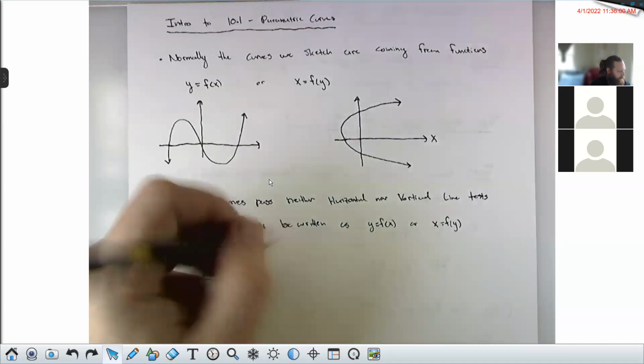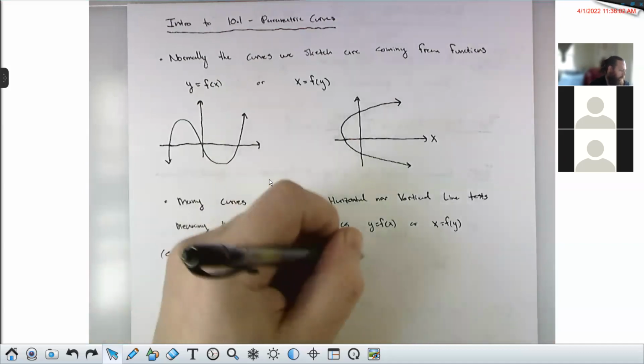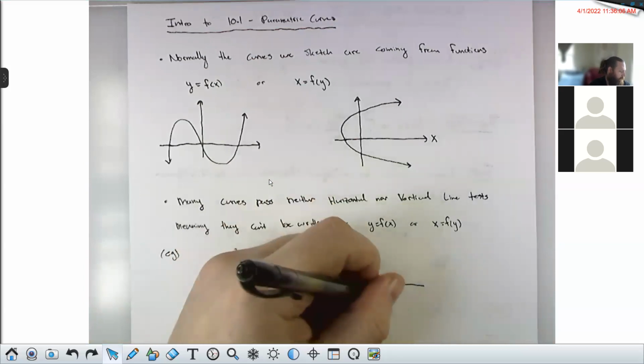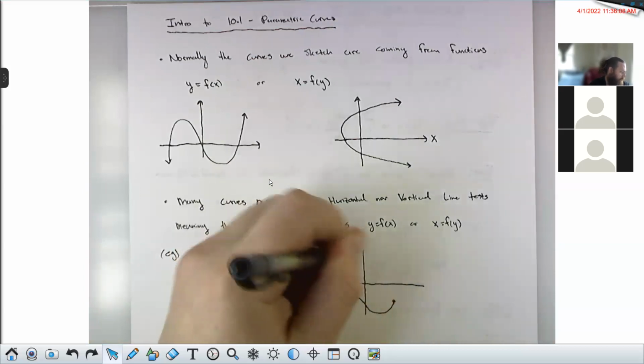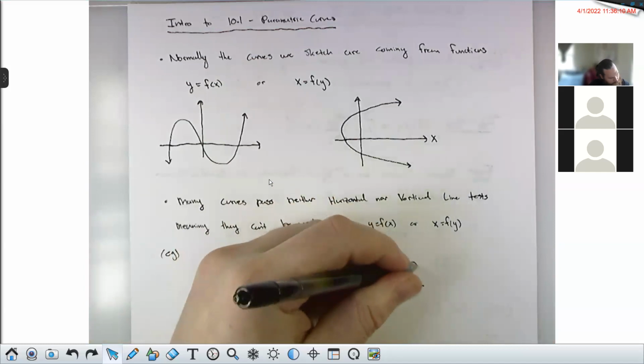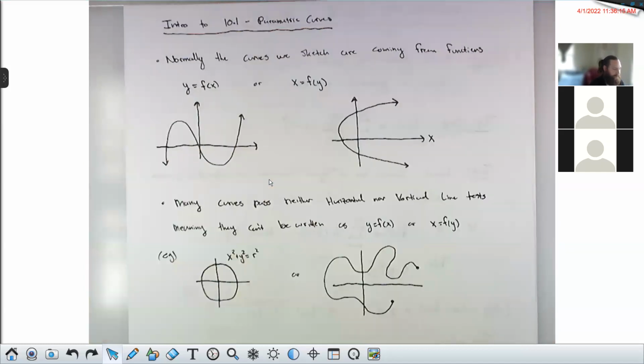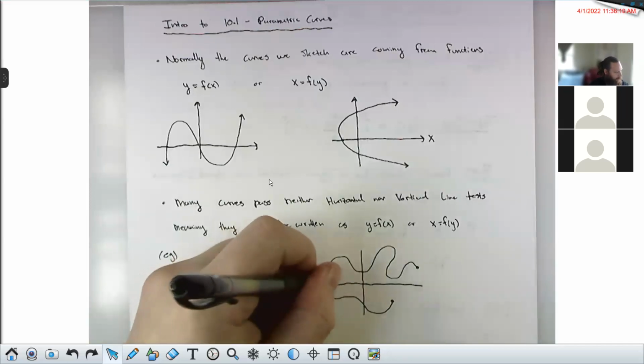Ellipses, all sorts of other things. And you could have a much more general kind of thing, like something like this. Right? Curves can get quite wonky.